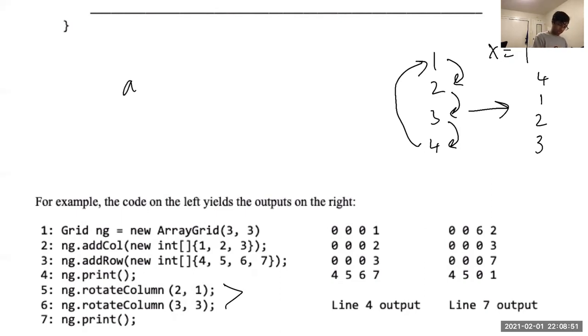Because mod, let's say you have a mod b. If a is greater than b, then this mod operator will eliminate all of the greater-than-ness.